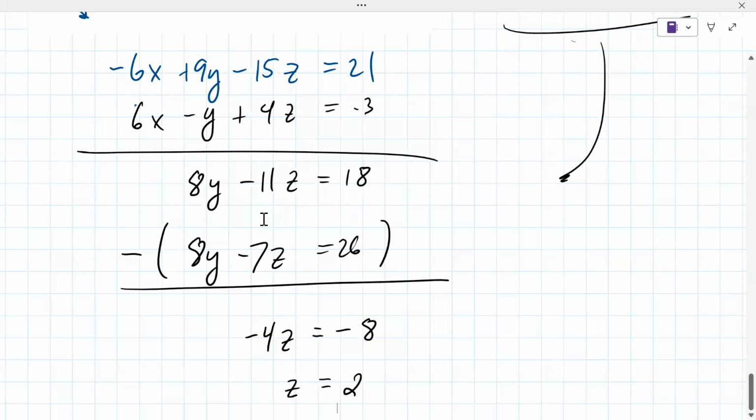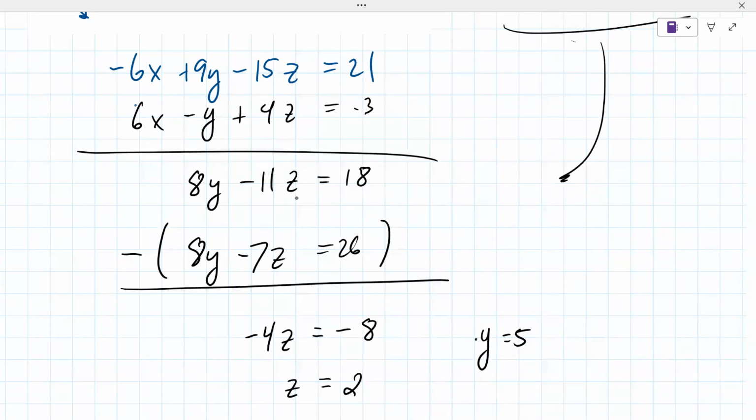Why don't you solve the top one for y, please? I got y equals 5.